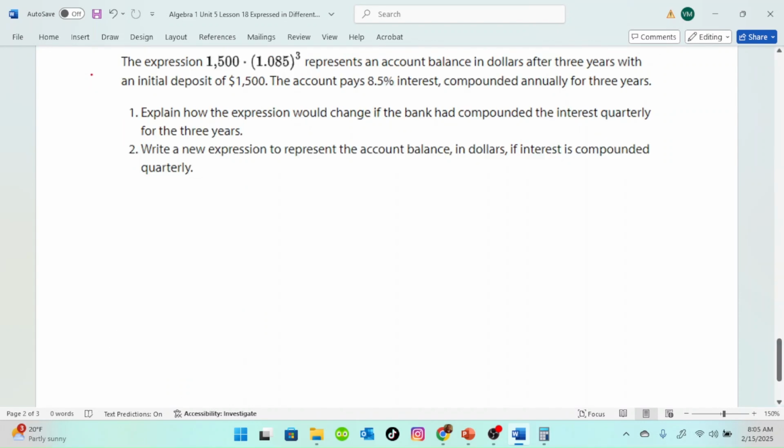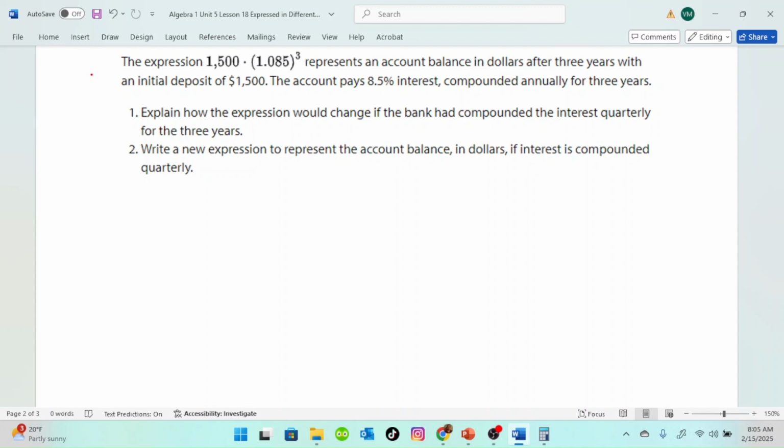Our next practice problem is the last practice problem for this lesson. The expression 1,500 times 1.85 to the power of 3 represents an account balance in dollars after 3 years with an initial deposit of $1,500.